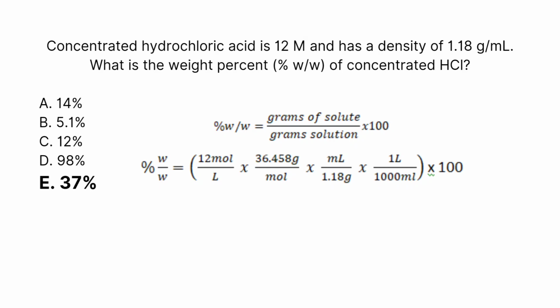Substituting the values in the formula, we have 12 moles per liter multiplied by its molar mass, which is 36.458 grams per mole, in order to cancel the mole unit, multiplied by its inverse density, which is 1 ml per 1.18 grams, in order to cancel the gram units, and multiplying it with the conversion factor of liters to milliliters, we have 1 liter per 1000 ml, multiplying it by 100.